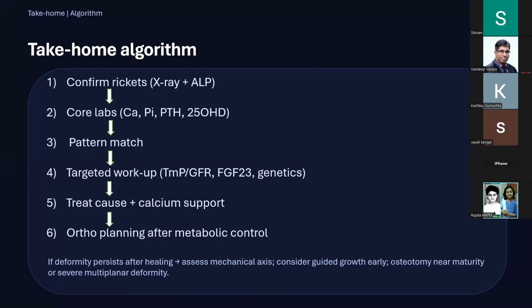The take-home algorithm: first we confirm rickets by clinical signs, X-ray, and alkaline phosphatase levels. We get the core labs done. We match the patterns of the labs and diagnose the type of rickets.